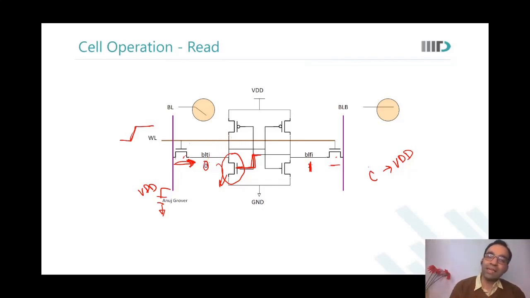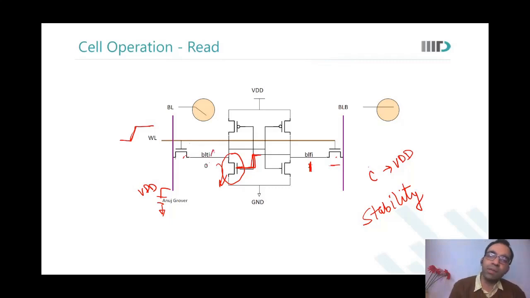So during read cycle, when the word line is on, that is when my stability is lowest, because this BLTI is going up. If there was no flow of current, this BLTI would remain at 0. Are you able to see this?